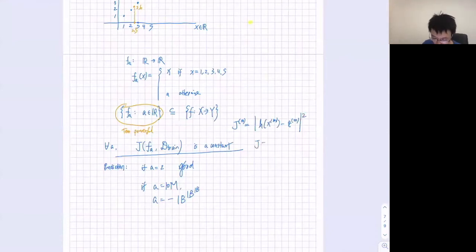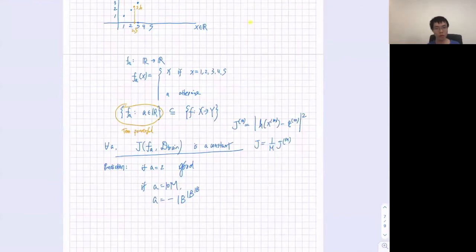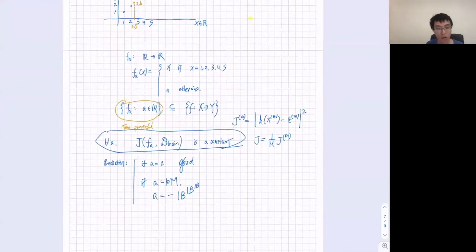And then my total loss, or the total objective, is the average over the individual samples, right? So now if you have this function, it's all good. All the functions have 0 loss, and it's the minimum loss. It's all good. But eventually, when you do a prediction, the prediction is arbitrary.